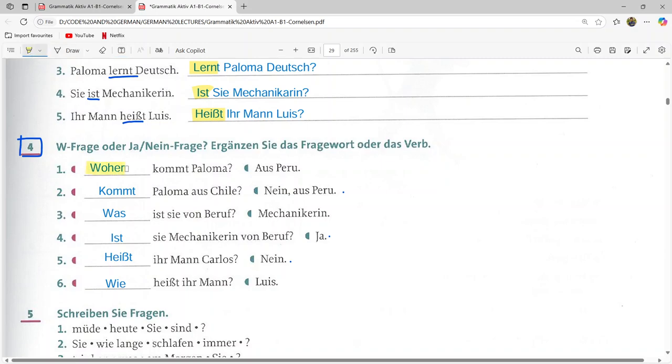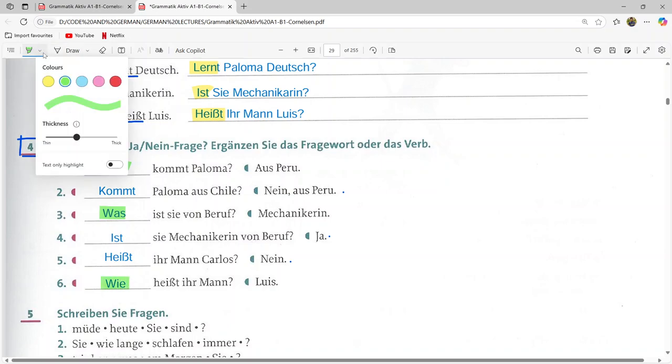This one is a W-Frage word. W-Frage words I colored with the green one. Okay, so this is a W-Frage word, and also this is a W-Frage word, and also this is a W-Frage word.